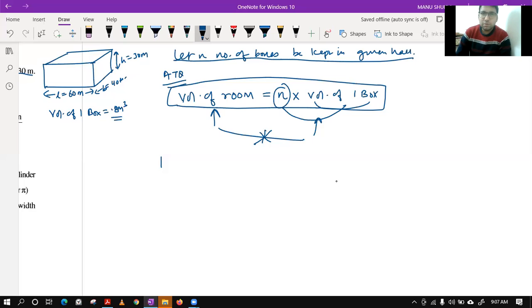Yes, so just put the values now. The volume of room, there will be no issue because there is no confusion of LBH. Directly you can put L into B into H is equal to n into 0.8. So n will be equal to LBH, which is 60 into 40 into 30 upon 0.8.